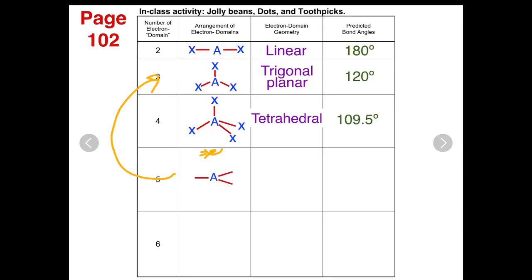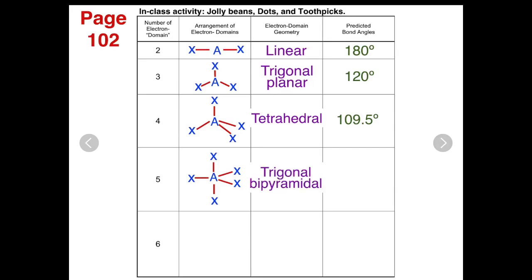But if you have only three, it's going to be only trigonal planar. We have five electron domains, therefore you need to include the other two. The other two would go on top and on the bottom. In this case, the electron domain geometry name is called trigonal. It's similar to what we had earlier, except this one has one that sticks out on top and on the bottom as well.